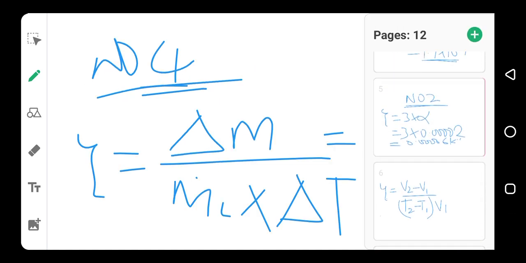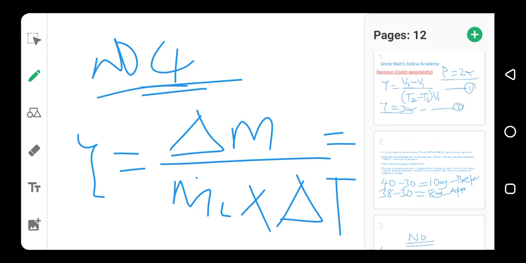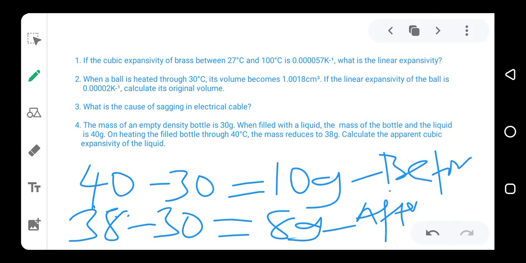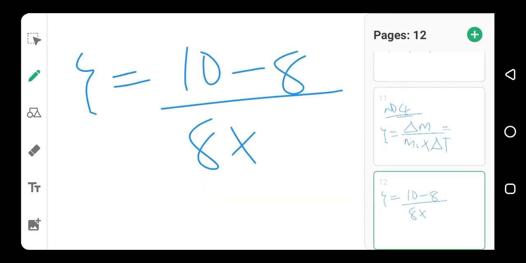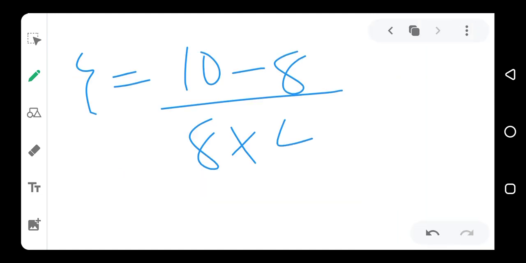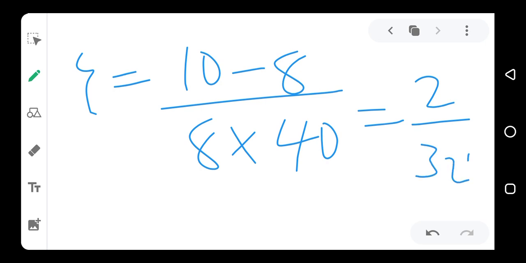What is the temperature change? It is heated through 40 degrees, so the temperature change is 40 degrees. So we put it there, 8 times 40 degrees, and this gives us 2 over 320.